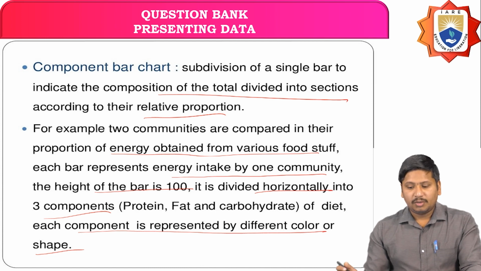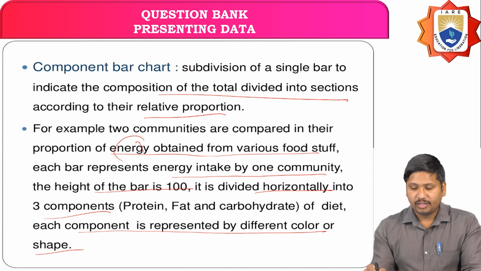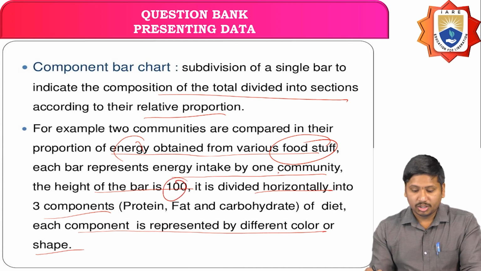Suppose the subdivision of the bar indicates the composition divided into sections according to relative proportion. For example, two communities are compared in proportion to the energy obtained from various foodstuffs. Each bar represents the energy intake by one community, with height 100, divided horizontally.